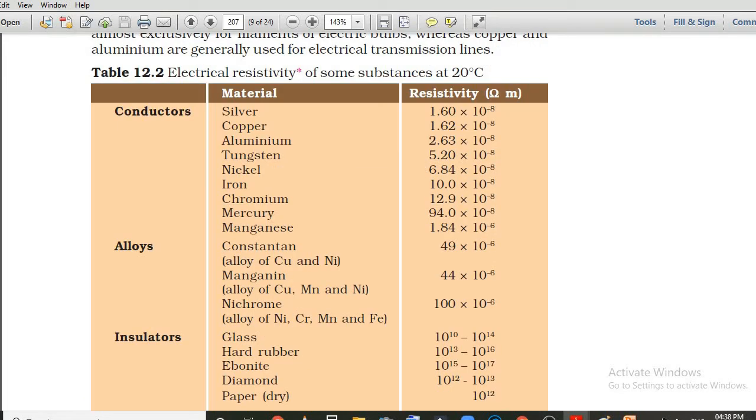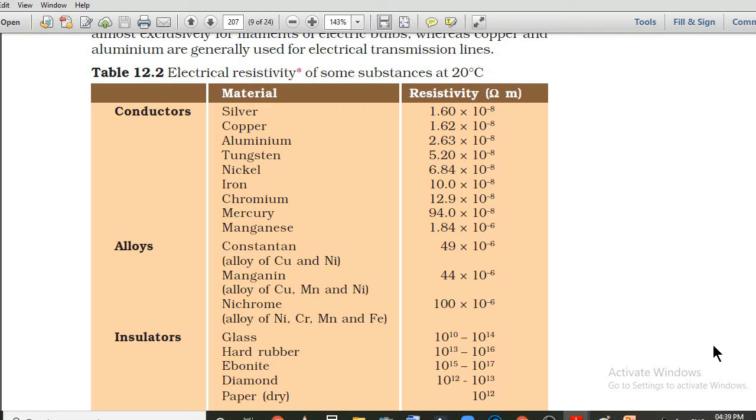And in 10th standard you studied a table which is comparing the resistivity of some substance at 20 degrees Celsius. That is that figure. From that table you can understand the resistivity of insulators are very high, conductors are very less, and alloys are not insulator.